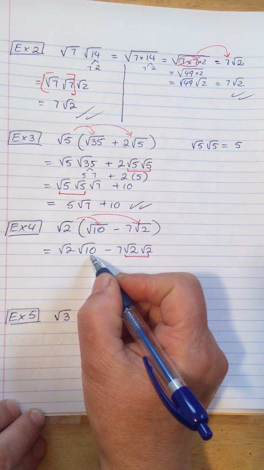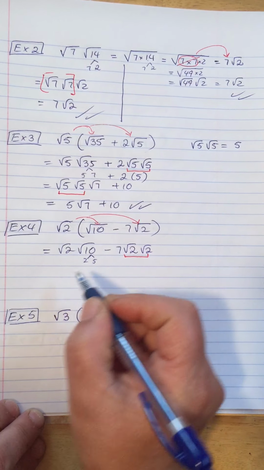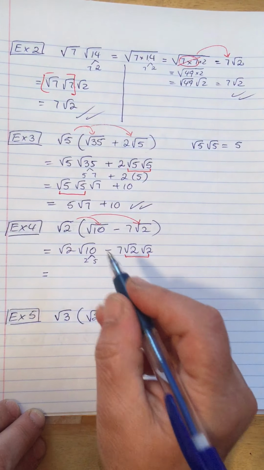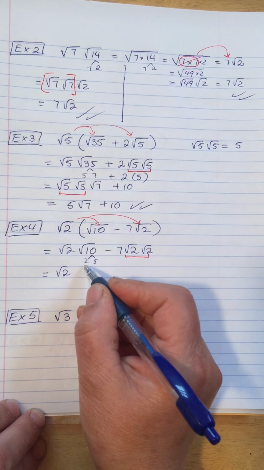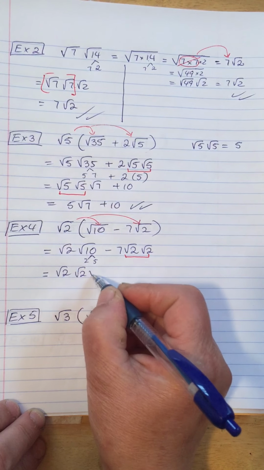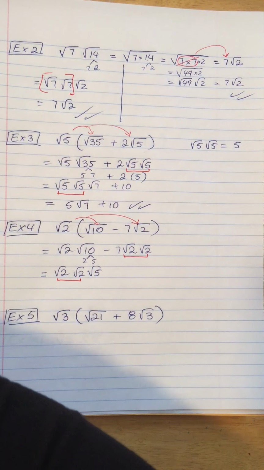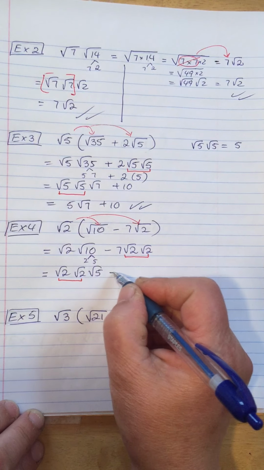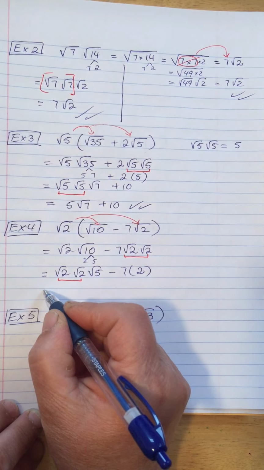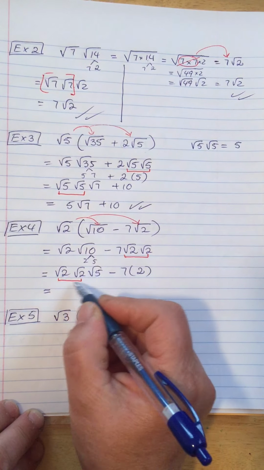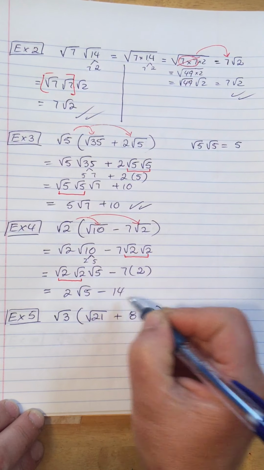So what do I know about 10? 10 has a 2 inside, so I write 10 as 2 times 5. So what I have, the square root of 2. I'm separating the square root of 10 as the square root of 2 times the square root of 5. Why? Because I'm interested in a couple, which is number 2. Now I have 7 times 2. And let me go again. So this is 2 square root of 5 minus 14. And I'm done.